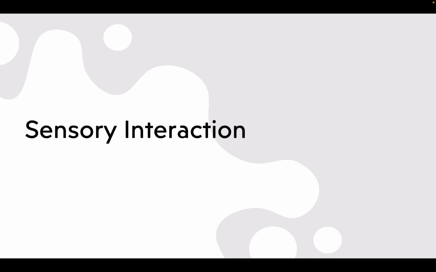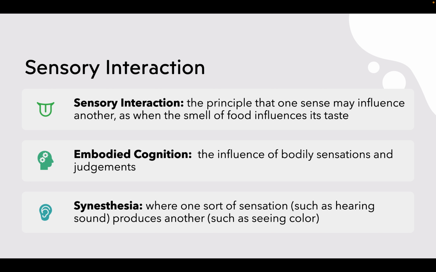So, sensory interaction. What is sensory interaction? Sensory interaction is the principle that one sense may influence another, as when the smell of food influences its taste. An example of this is the way smell and taste interact.